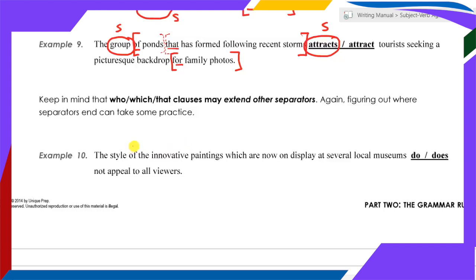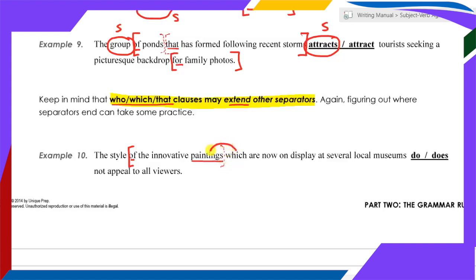In example 10, what we see is this idea that who, which, and that clauses, there's actually a couple of different clauses and phrases that extend other separators, but who, which, and that clauses do sometimes extend other separators. So what we have here is this preposition. We have the noun paintings after the preposition, so that's the object of the preposition. Again, we might be tempted to end our bracket after paintings.